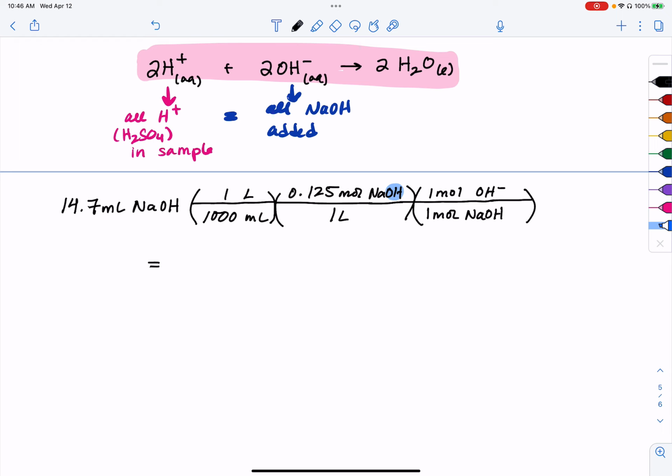And then multiply by 1, I get 1.83, carrying 7 and 5 for future calculations, times 10 to the negative 3 moles NaOH added. And specifically, this is moles of hydroxide added.